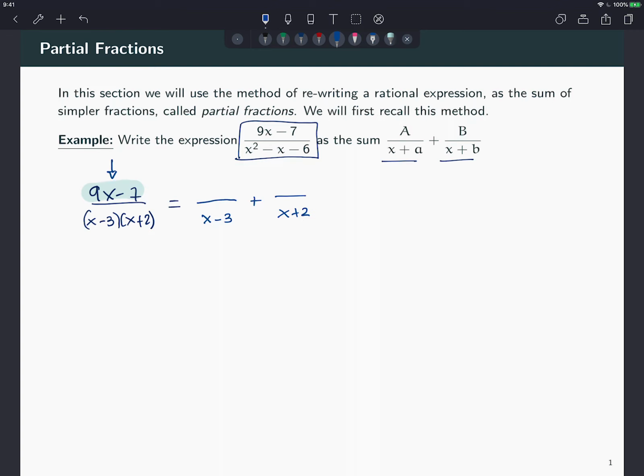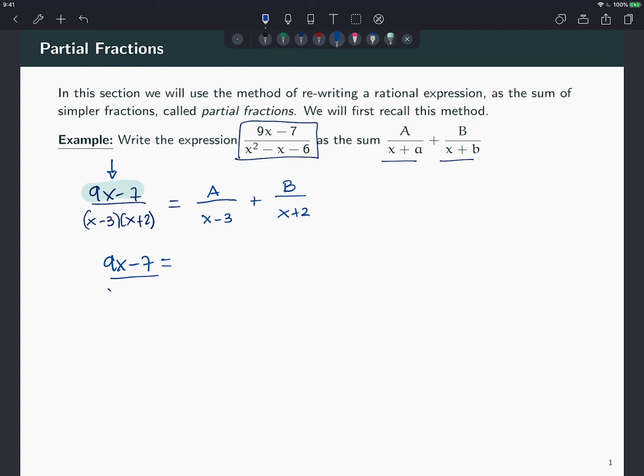So who are my two terms that, when I added them, I got 9x minus 7? That's the logic here. Can we find a way to express 9x minus 7 over x squared minus x minus 6 as the sum of two terms, one with the denominator x minus 3, the other with the denominator x plus 2?